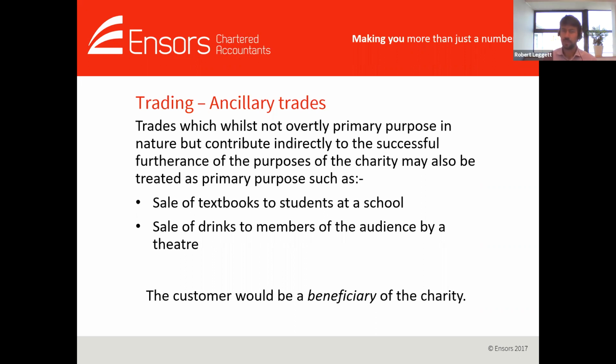If we were to think about a charitable theatre company, the sale of drinks to members of the audience at the bar, that would also be ancillary to the main trade. And the key thing with an ancillary trade is that the customer would be a beneficiary of the charity. And if that's the case, then an ancillary trade should also be able to benefit from the charitable trading exemptions.